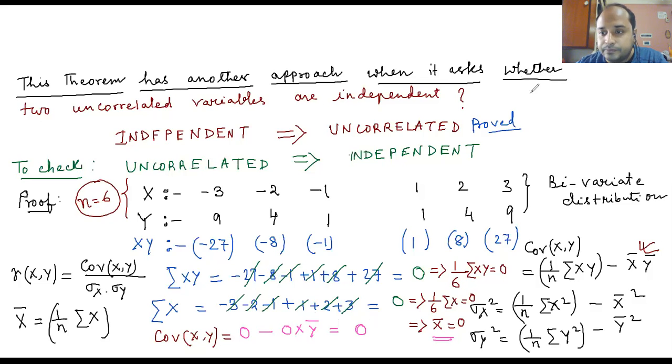Now, once the covariance of xy is 0, let us put a star over here and let us write the remaining portion of the calculation in this place.